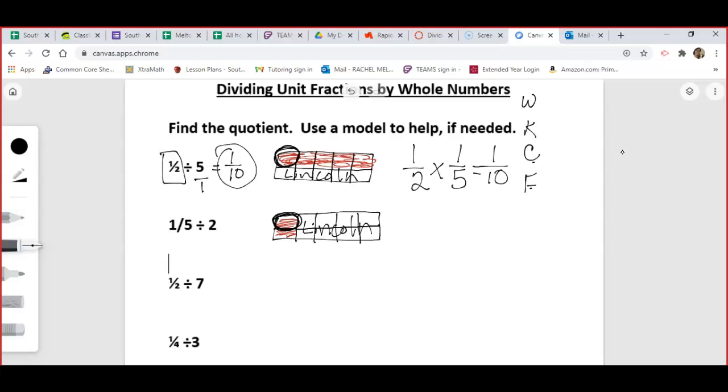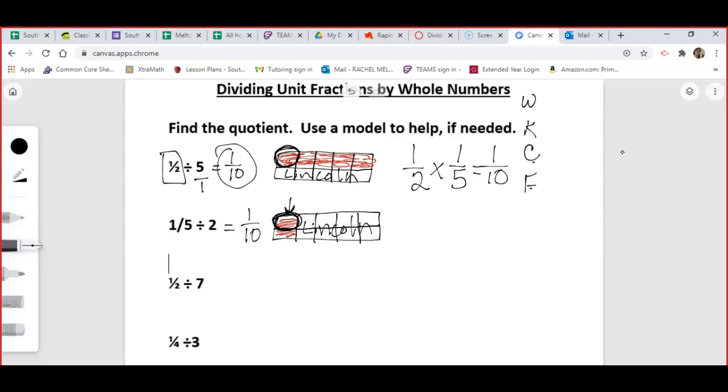Kara, help her out. 2/10. 2/10, except that I only want this one piece right here. Oh. Okay, so that's just one piece, right? Yeah, so this would be again a 1/10.